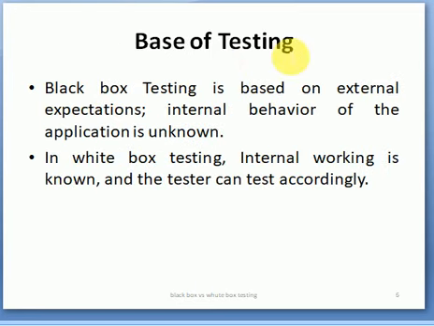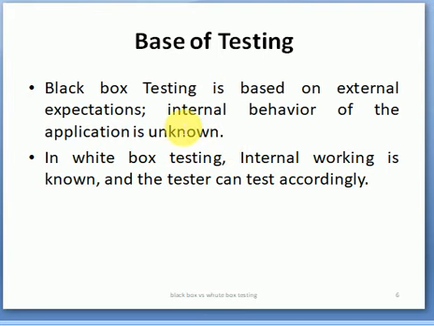Now base of testing. Black box testing is based on external expectations. Here external expectations are there in black box testing, and internal behavior of the application is not known.